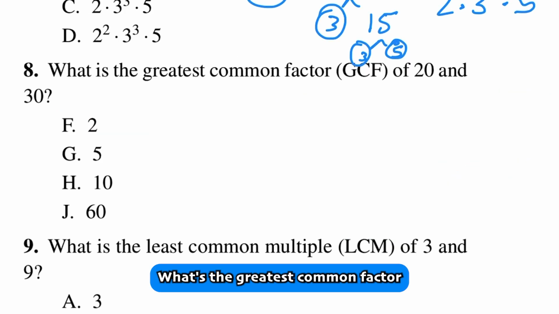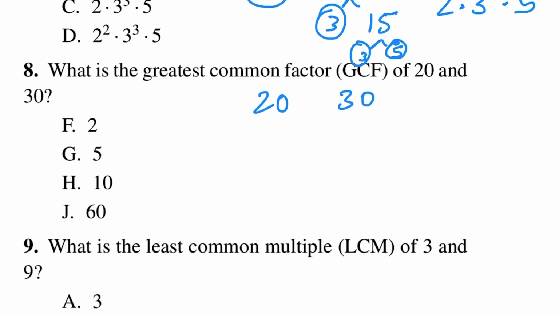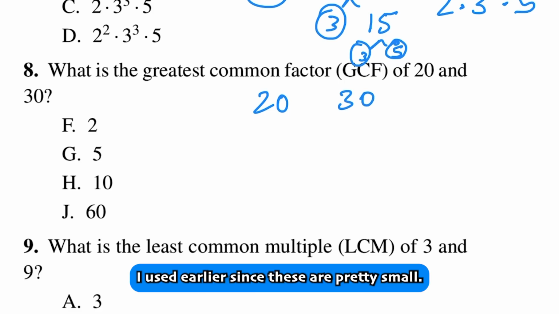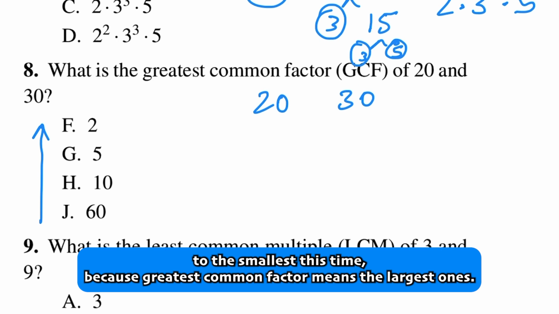What's the greatest common factor, GCF, of 20 and 30? Let's see. Let's use that technique I used earlier since these are pretty small. Let's start from the biggest numbers to the smallest this time, because greatest common factor means the largest one.